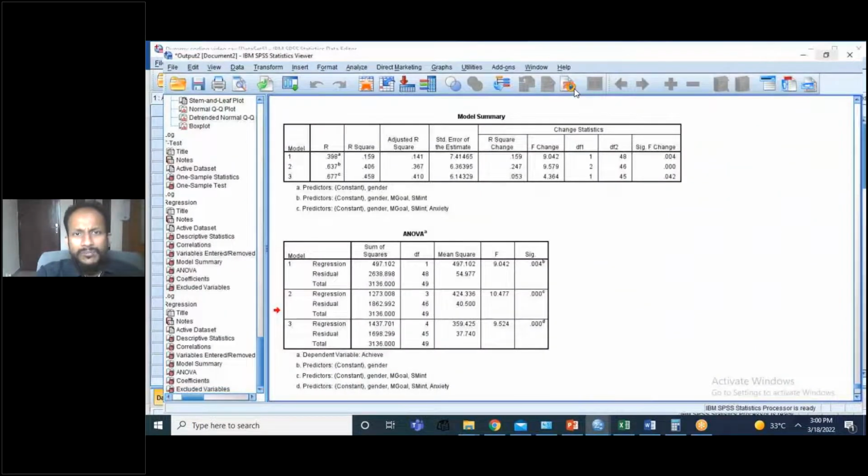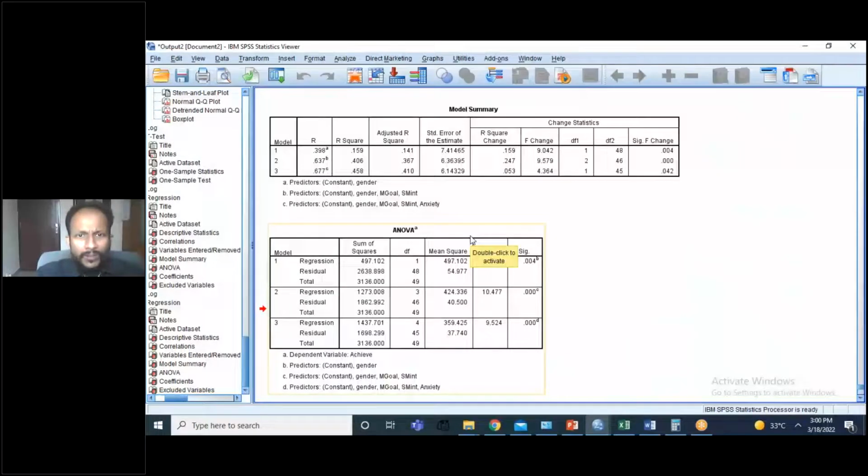Right. Now, can somebody tell me why I have got 3 models this time also? Because this time SPSS has added them. Now you may ask why it has added gender as the first variable. It will add those variables which have a higher impact.